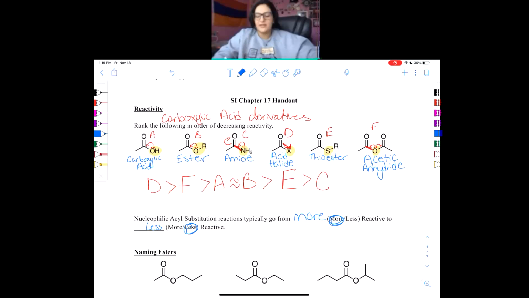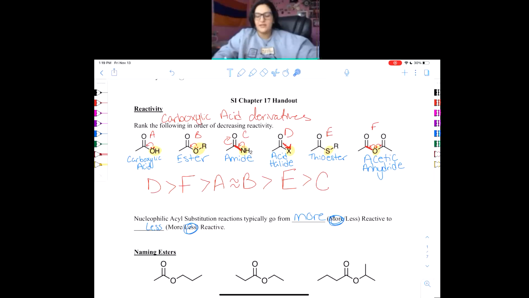So for example, if I started with a thioester, what could I make in order to make a more stable product out of the list here?